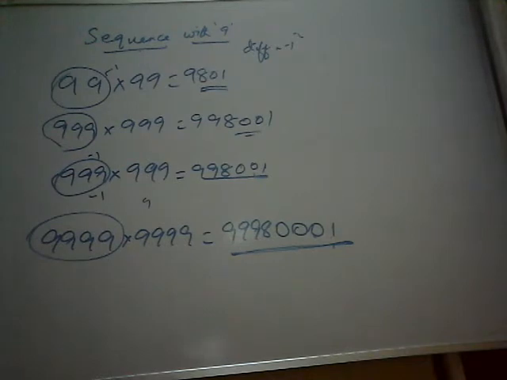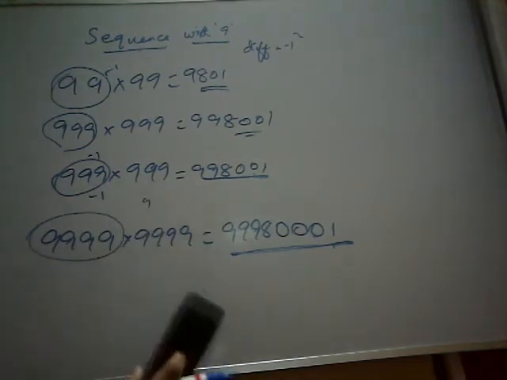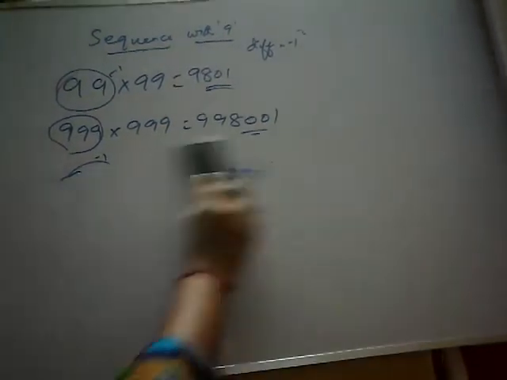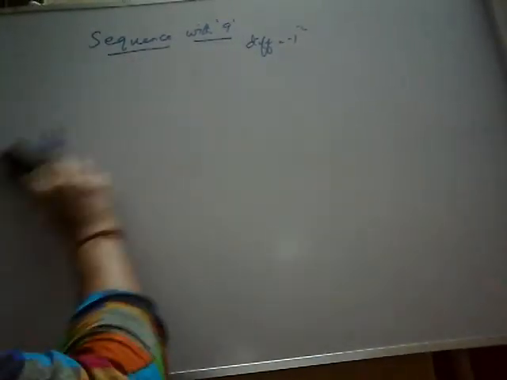Understand? Now if you have other digits instead of the same 999, if the second number is 99 and the first number is something other than 99, how do you follow the same procedure?